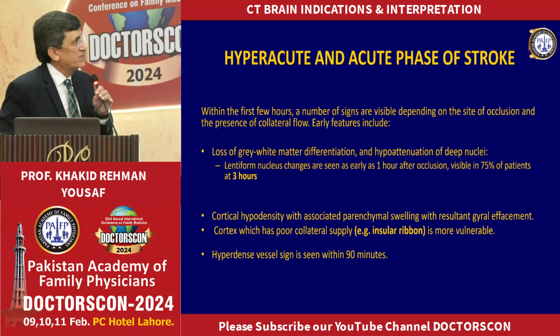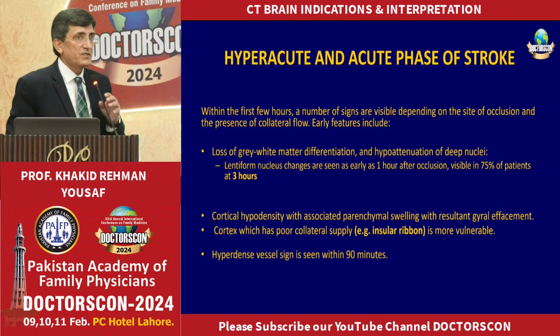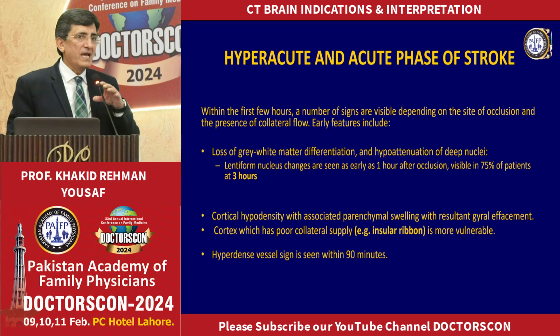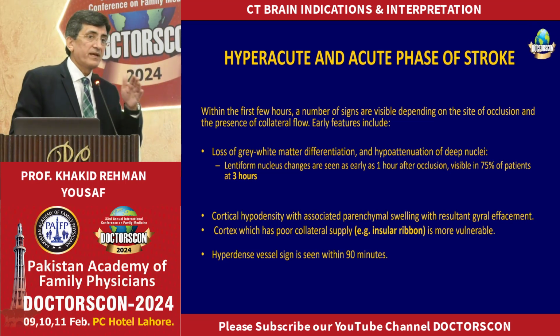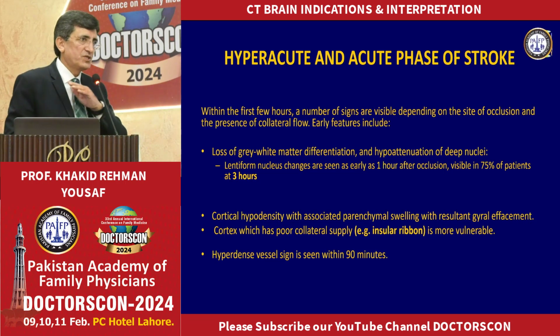What appears on a CT scan within hours when we suspect a stroke? There is a loss of gray-white matter differentiation. This may be seen within 1 hour, in 75% up to 3 hours. But in some cases, it's not necessarily that you see any change in the first 24 hours on a CT scan, whereas MR can show the changes.